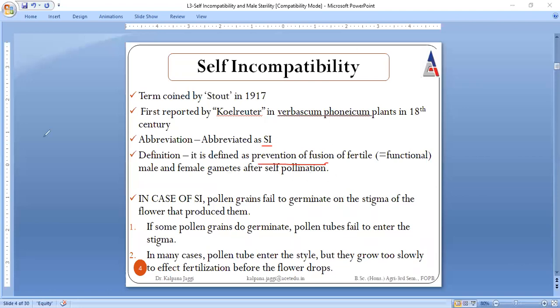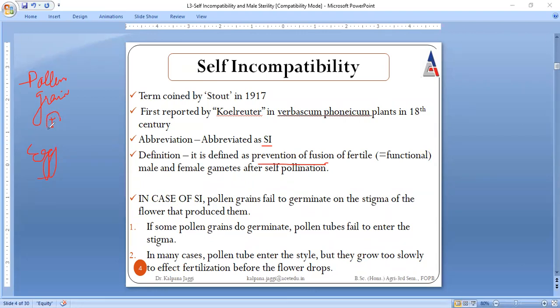Now you are all familiar with self-pollination, where pollen grains of one flower fuse with the egg of the female part. Now what is happening here?